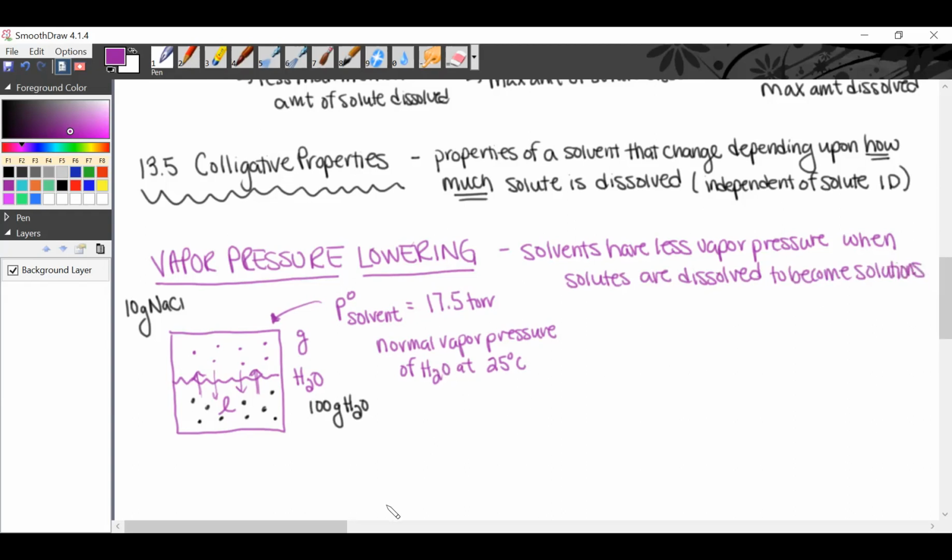And here's why. Remember we were talking about solute-solvent interactions, right? Like if I dissolve sodium chloride into water, I now have, in this case, ion-dipole solute-solvent attractions.